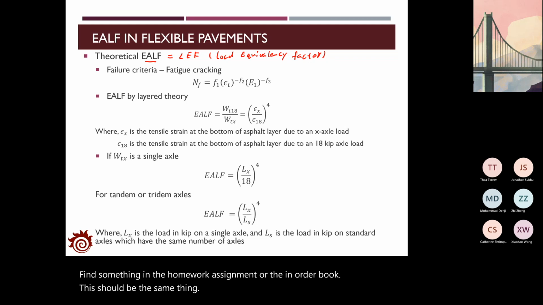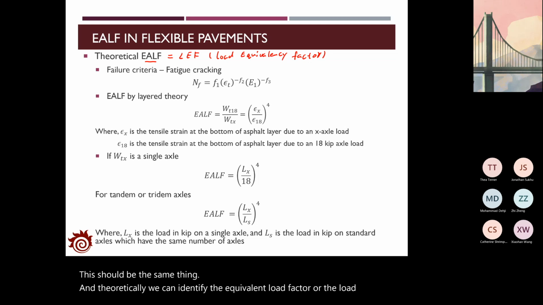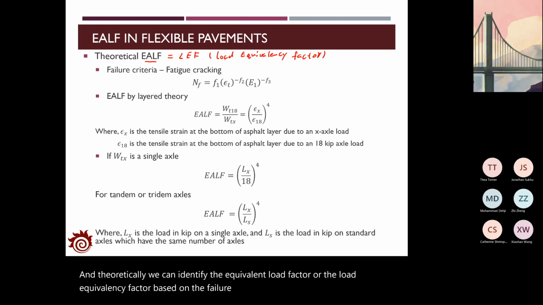And theoretically, we can identify the equivalent load factor, or load equivalency factor, based on the failure criteria. One of the major failures of the pavement structure is fatigue cracking, which comes from repeated loading to one or more specific regions of the pavement.